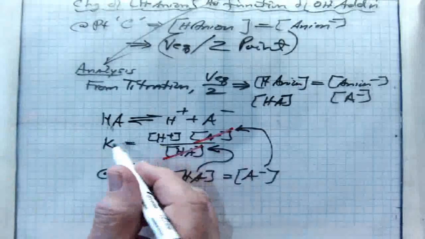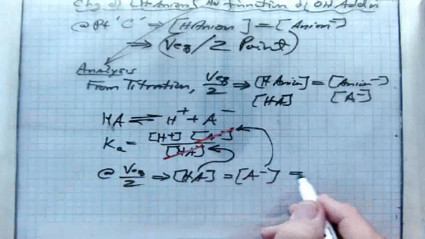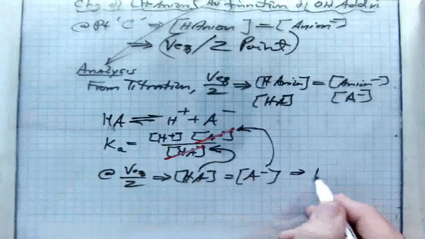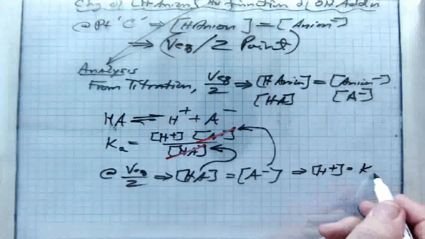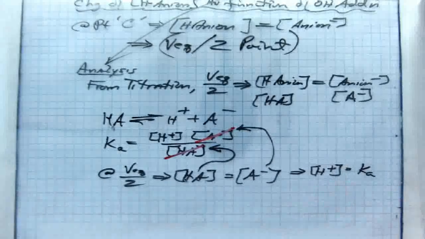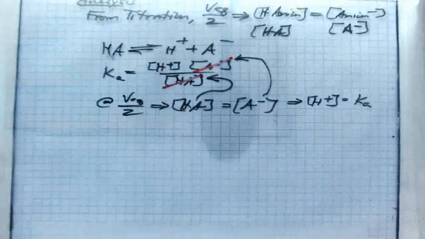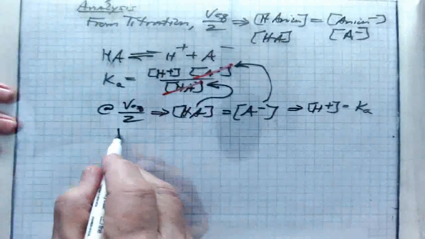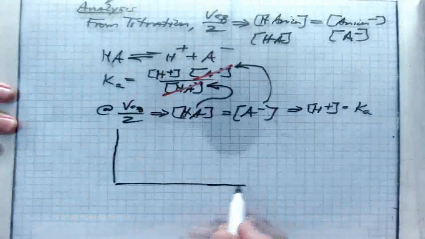So once you get this pH at the half point, pH at the VEQ over 2, then you can say that pH at VEQ over 2 is equal to pKa. And the Ka is equal to 10 to the minus pH at that point. And this is what you use to get the numerical value of the weak acid.